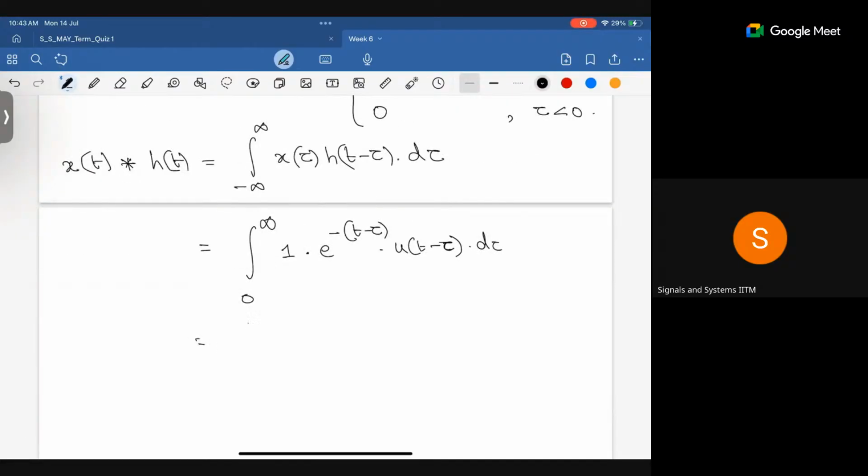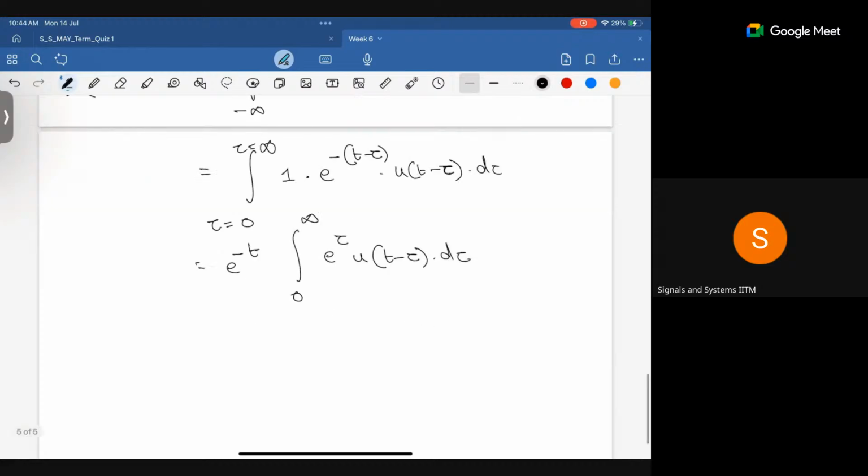Right, so now since the integral is over tau, we can pull e power minus t out. So e power minus t goes out, and the integral is from 0 to infinity of e power tau u of t minus tau d tau. So now observe again u of t minus tau.